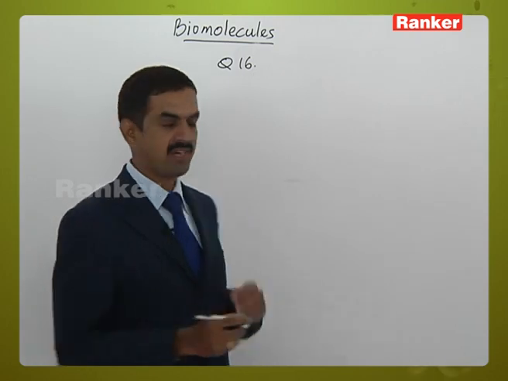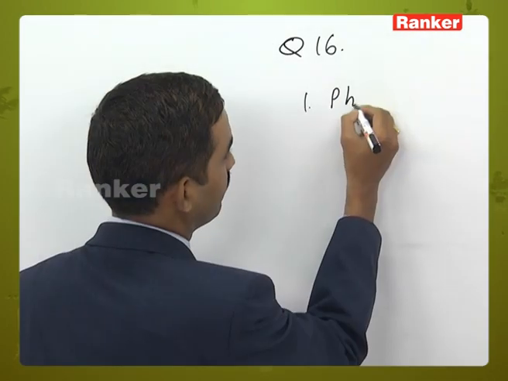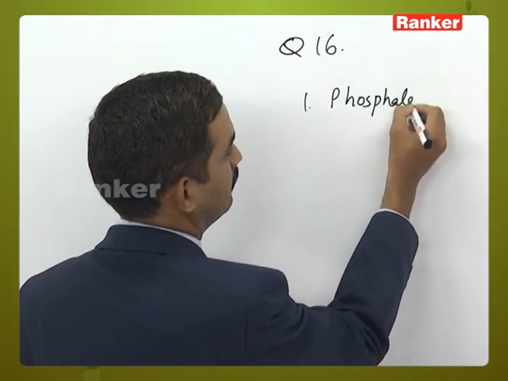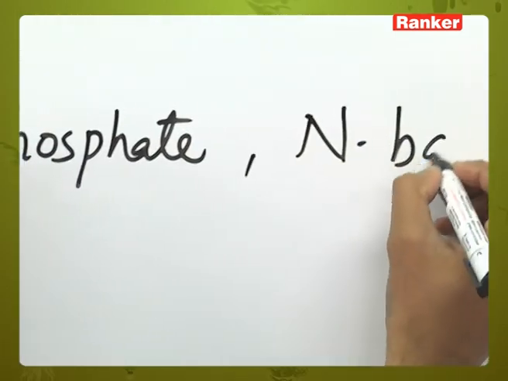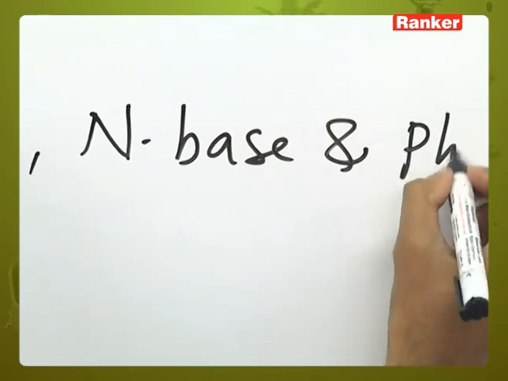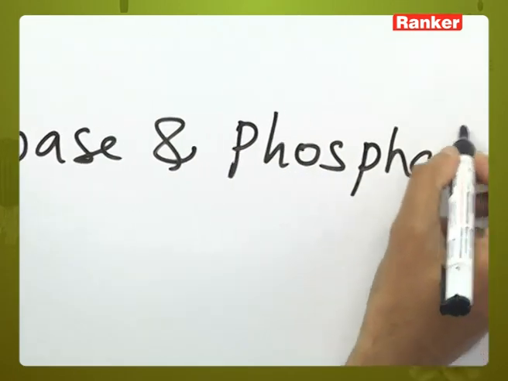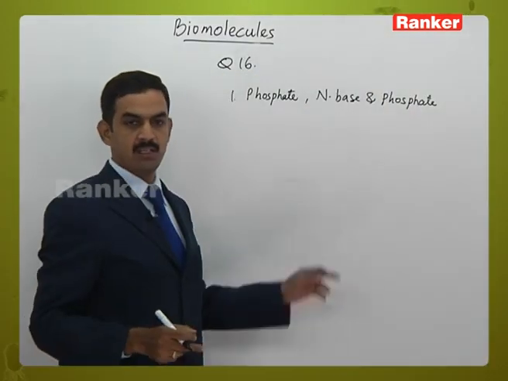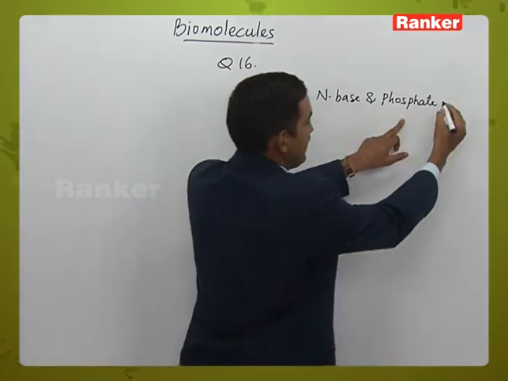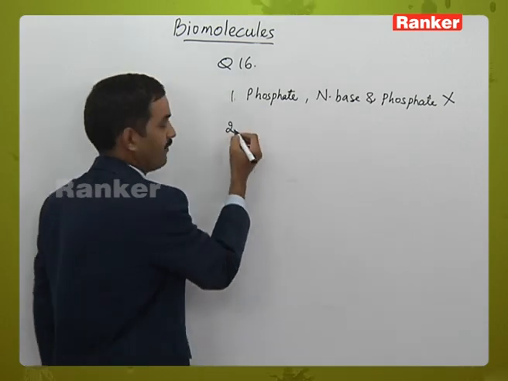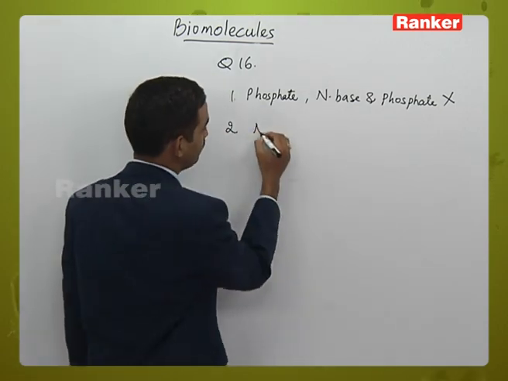Now let us come to the first one, that is phosphate, nitrogen base and phosphate. In the given option, it shows that the nucleotide has 2 phosphates in it. So this is incorrect.